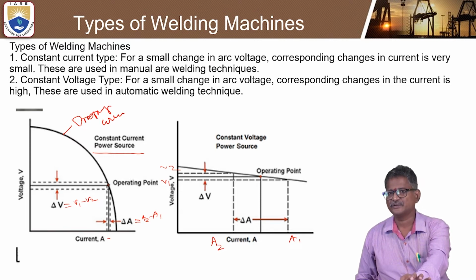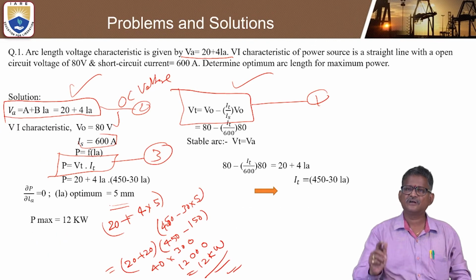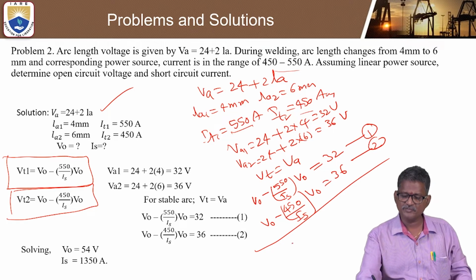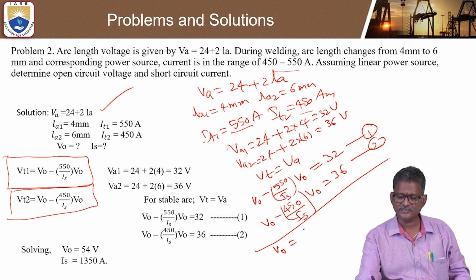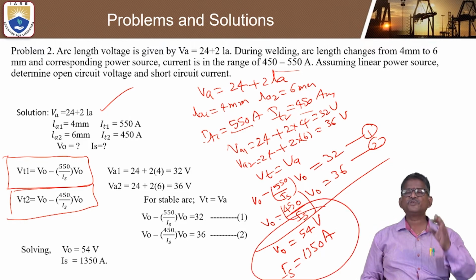If you know this principle, then only you will be able to do it. If we solve this, obviously we will get V0 is equal to 54 volts and short circuit current is equal to 1350 amps. So this is the answer for this simple problem.